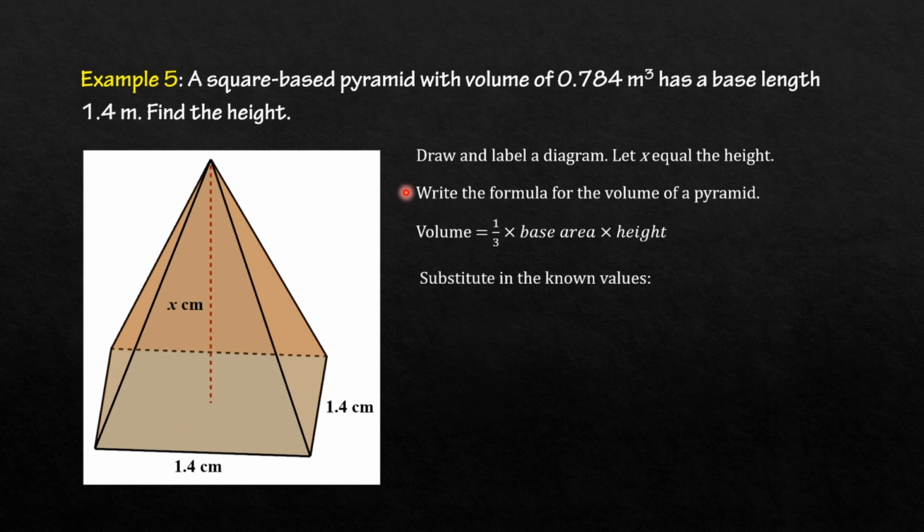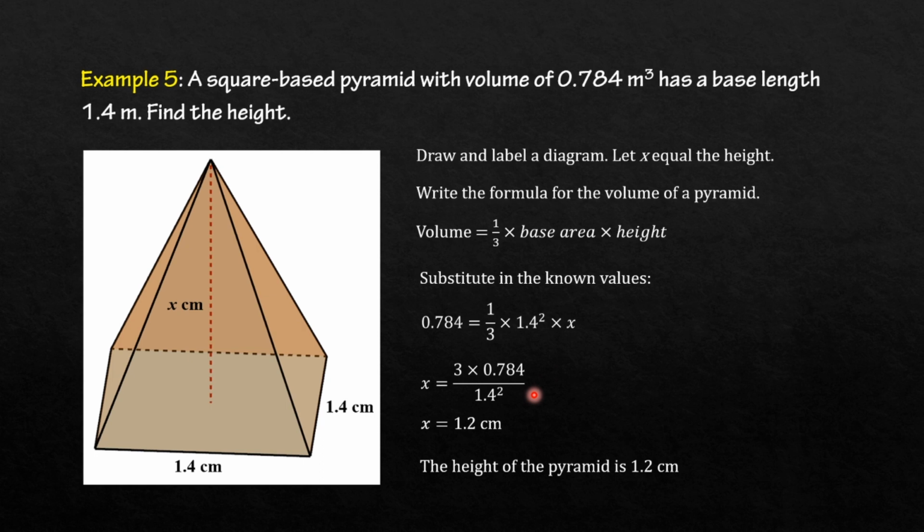Substitute in the known values. 0.784 is the volume, 1/3, the base area, 1.4 squared times the height. By rearrangement, we'll get x is 3 times 0.784 divided by 1.4 squared, which will give you 1.2 meters. Therefore, the height of the pyramid is 1.2 meters.